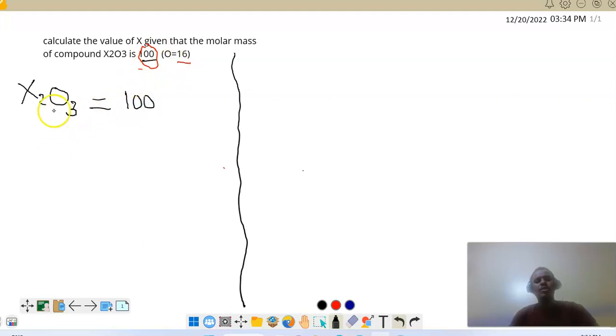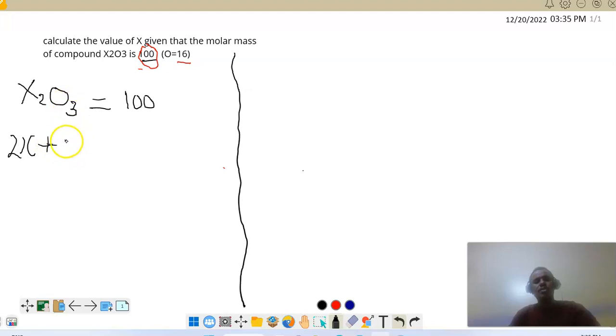then you rewrite the equation. So these two which we have here, you put in front and make it a coefficient. The 2 will be the coefficient of X, which means 2x, plus oxygen.